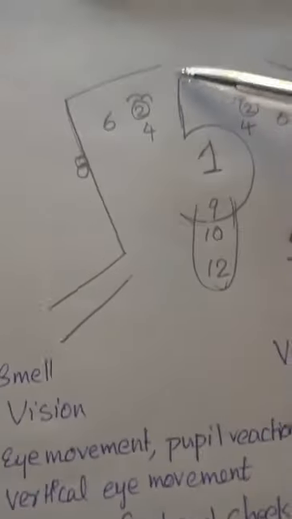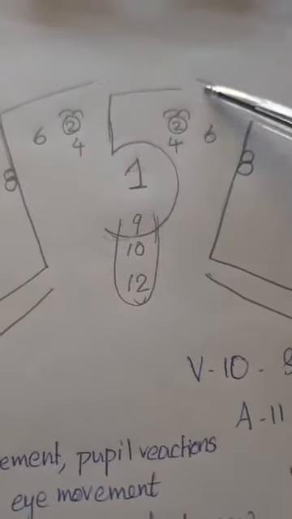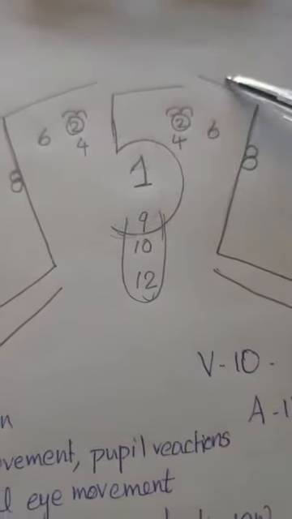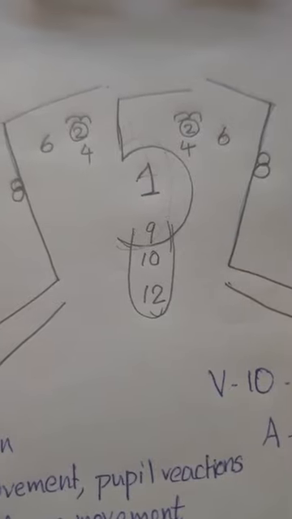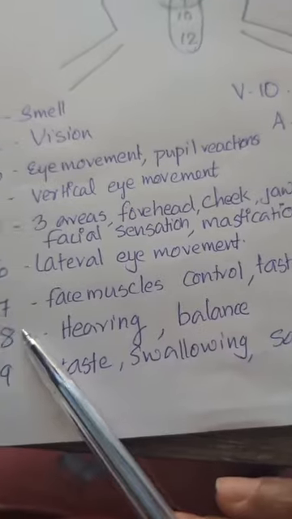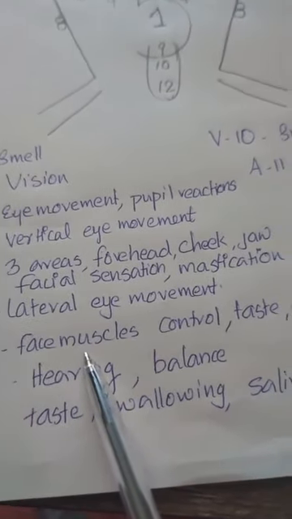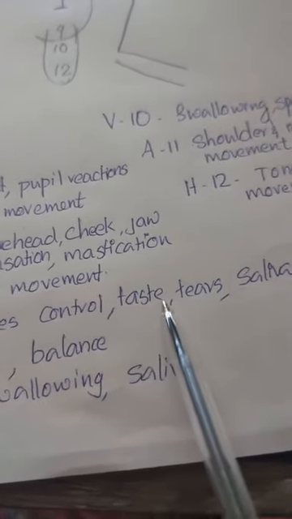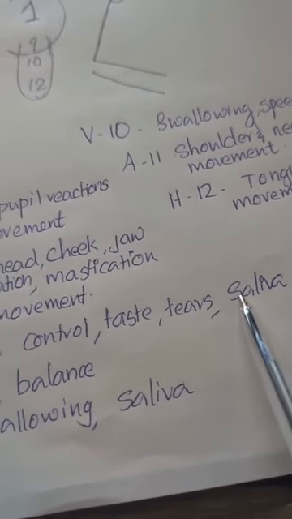And then the 7th one you see on both sides of the face. The 7th nerve is facial. It is responsible for face muscle control, taste, tears and saliva.